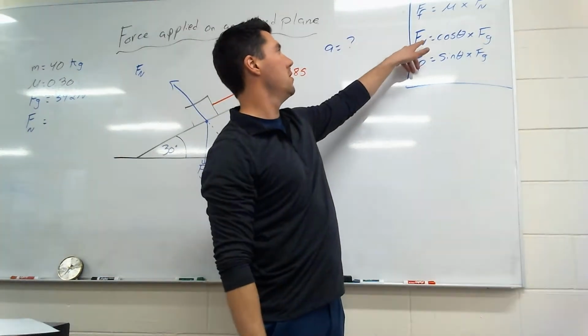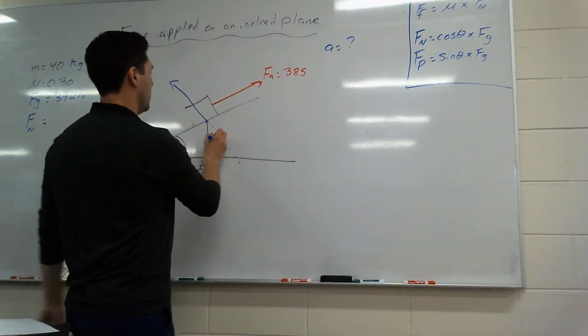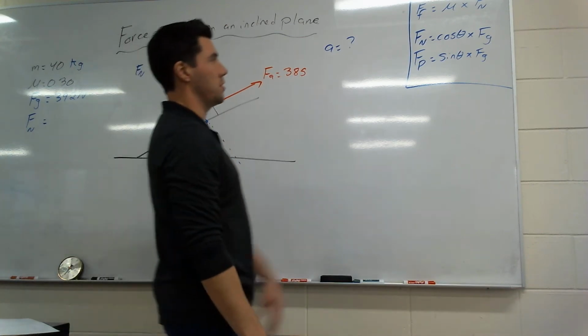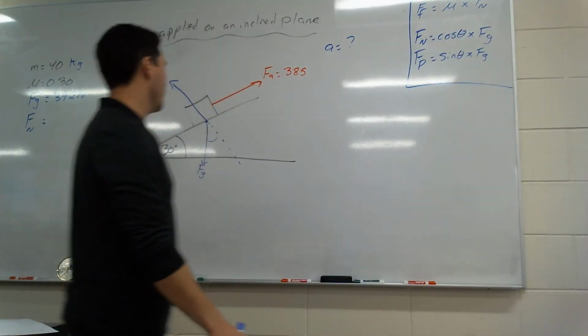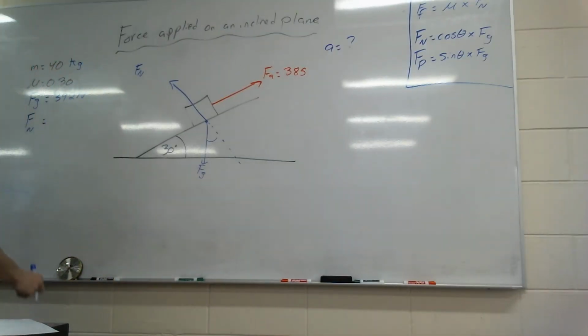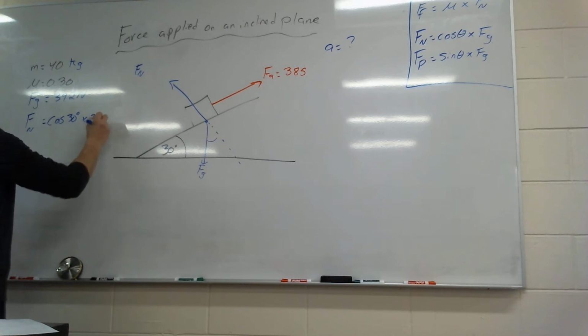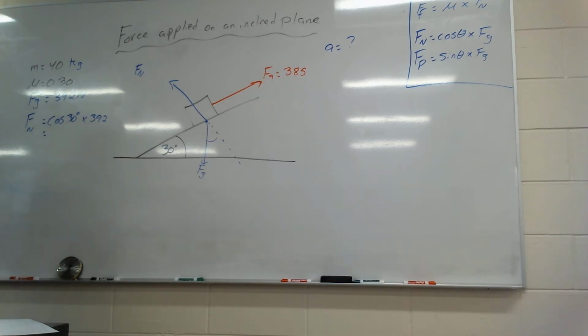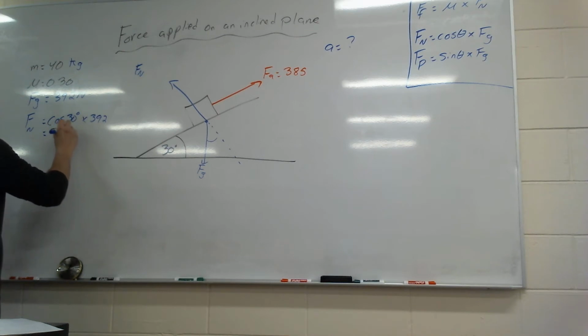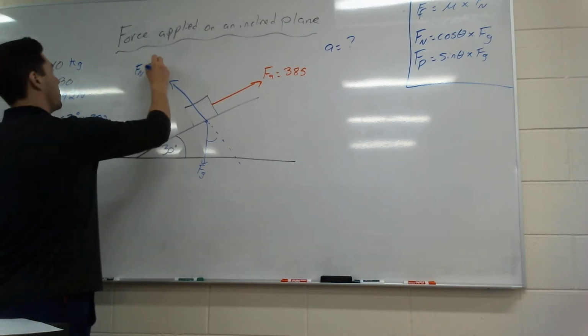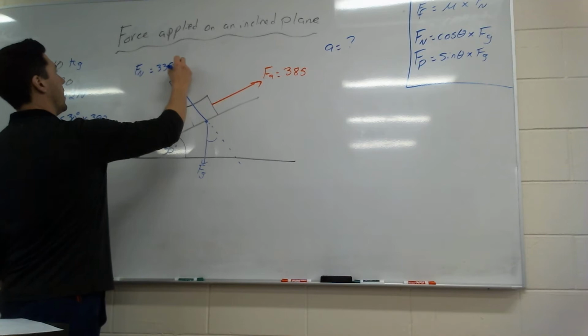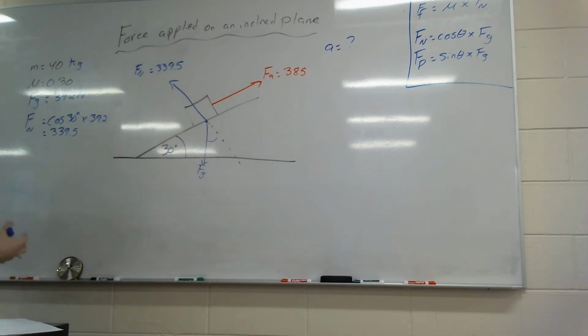To find force normal, we're finding this adjacent side, so we go cos theta times force of gravity. That's cos of 30 degrees times 392. When I do that, I get an answer of 339.5. So that is my force normal, 339.5.